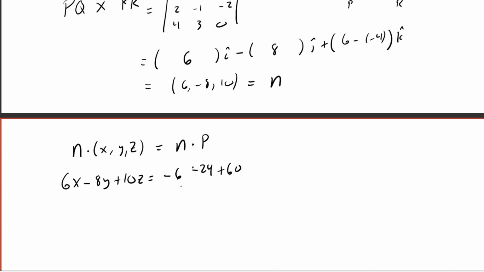Okay, so this side is going to simplify to 30. So my final answer is 6x minus 8y plus 10z equals 30.